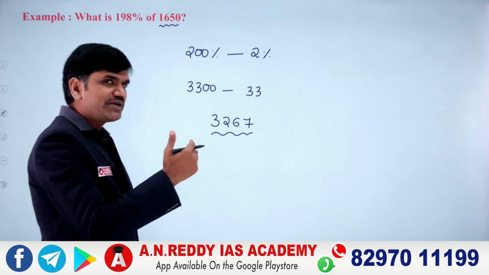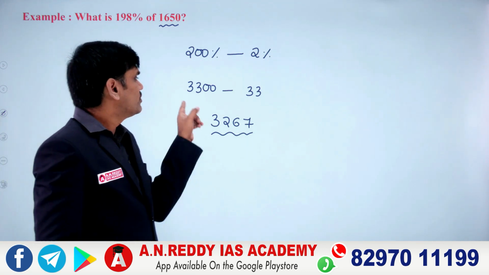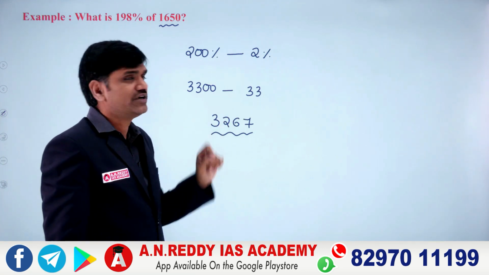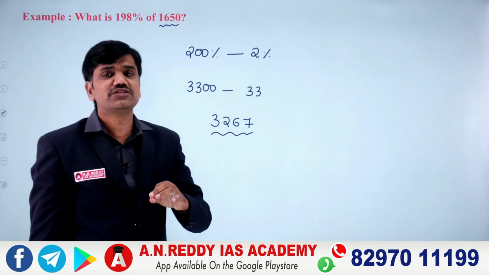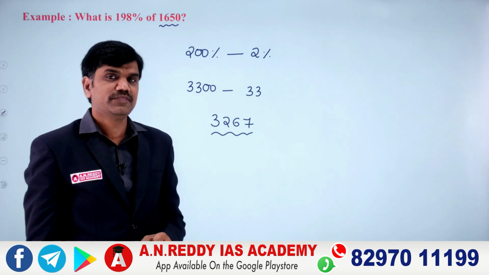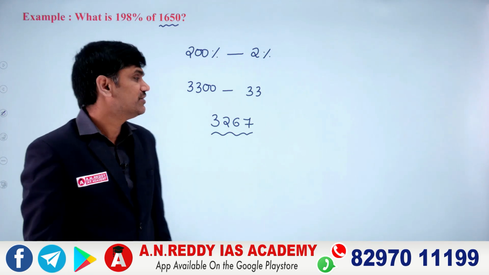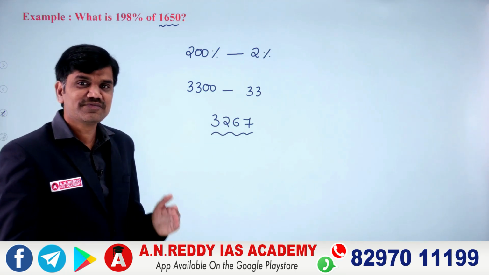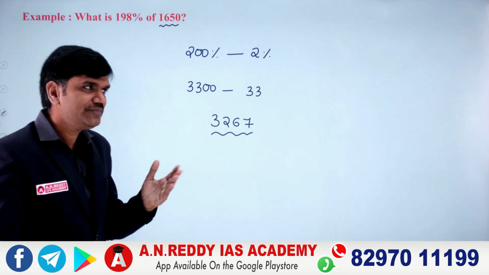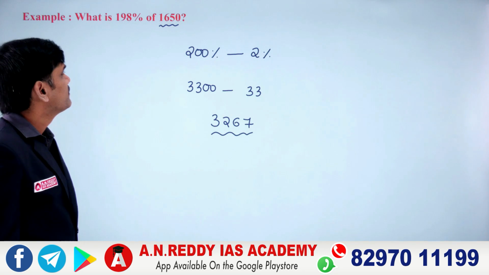While subtracting also you think like this. From 3300 you remove 30. From 3300 if you remove 30, that will give you 3270. From that you remove 3, that will give you 3267. Is that clear? Please make a note of it.